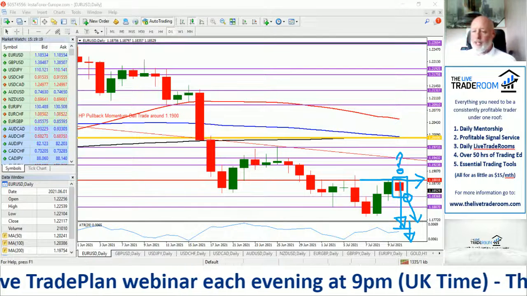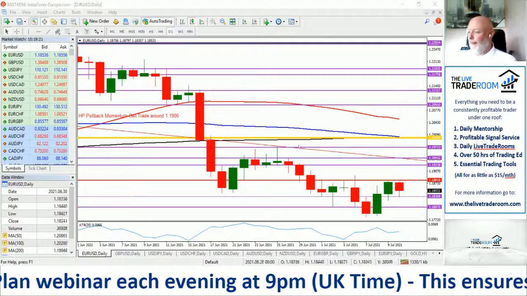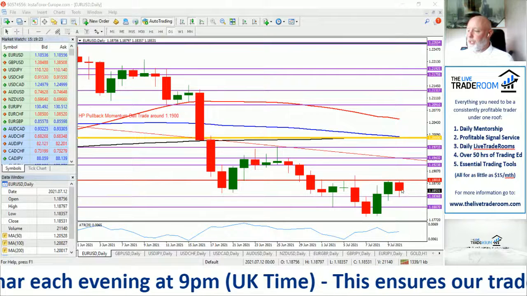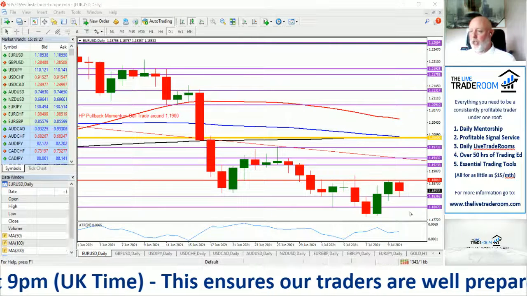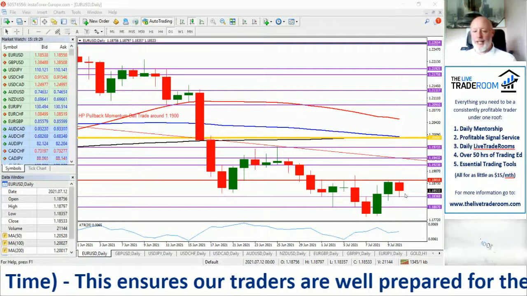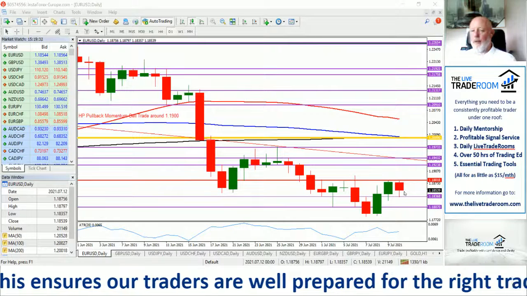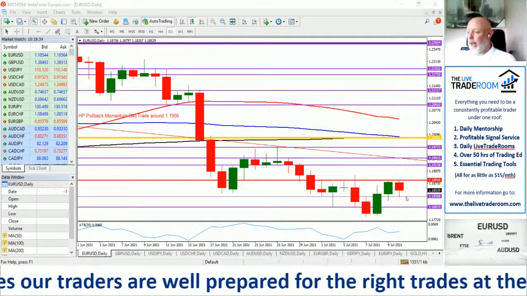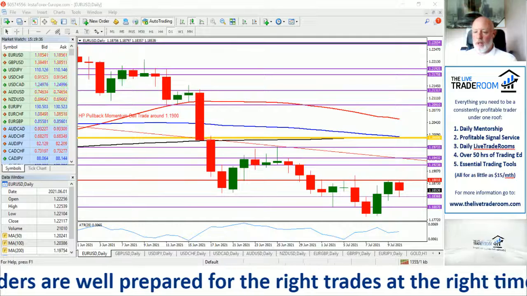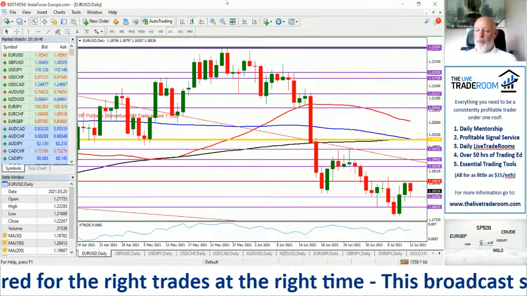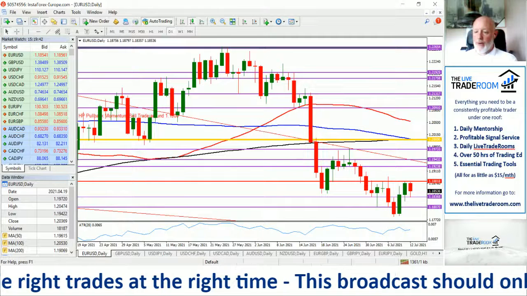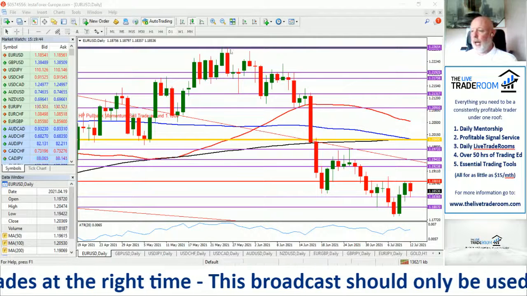We need to assess the price action accordingly, see what sort of candlestick. If it's full, then we're likely to get some continuation to the downside. We're likely to see the sellers take further control of this market, because that's the one thing we can all agree on, is that recently in the euro dollar the sellers have been in control.